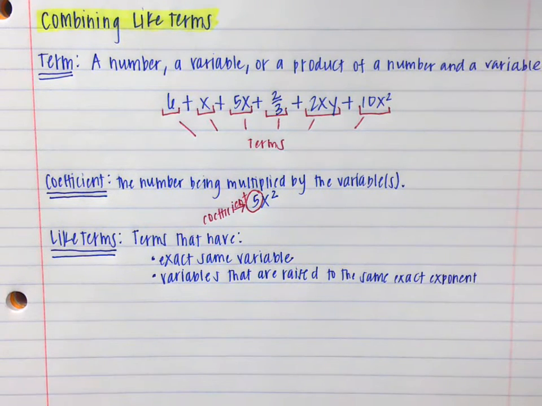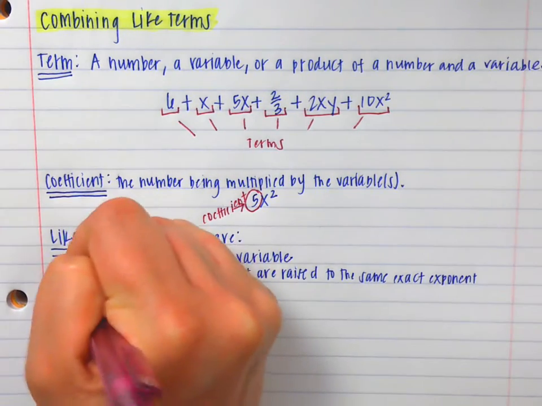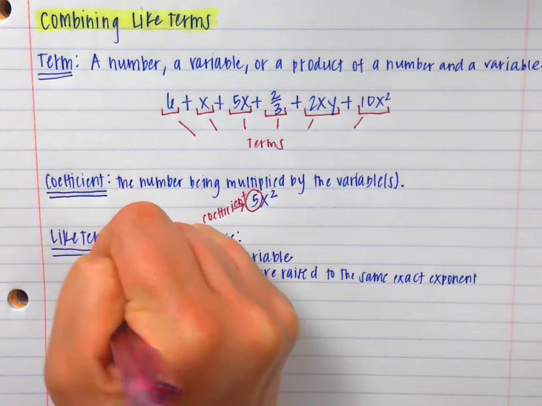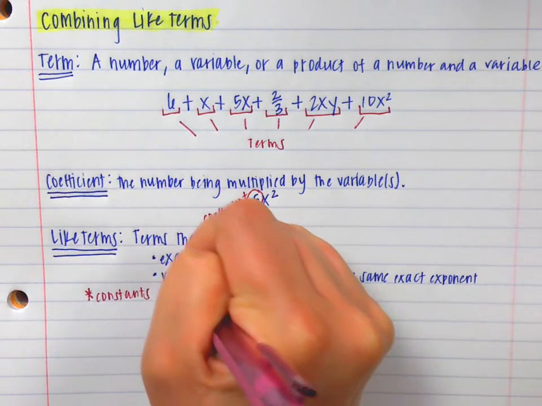Okay, so now some side notes to mention too. Constants. So constants are numbers without variables. Constants are like terms, which you guys already know. That's something that you've already seen.